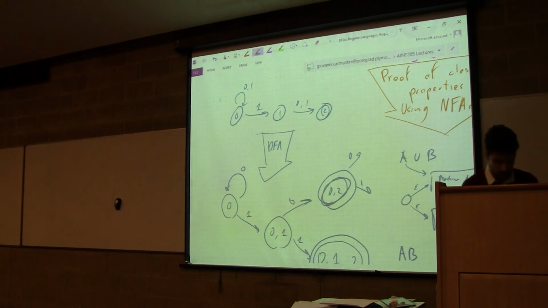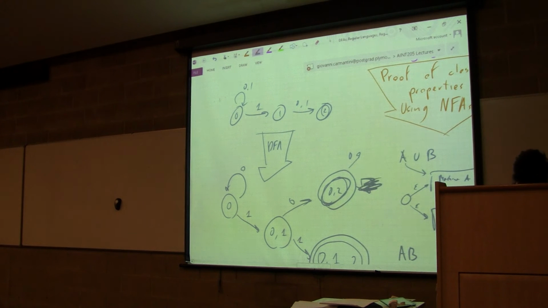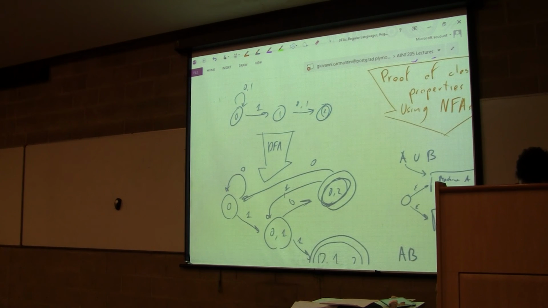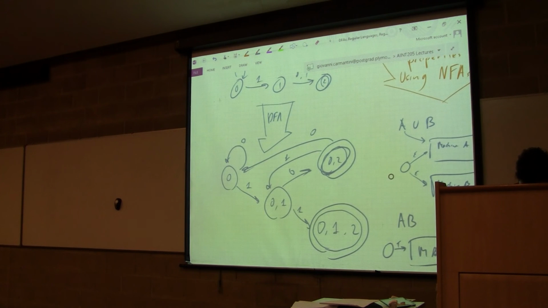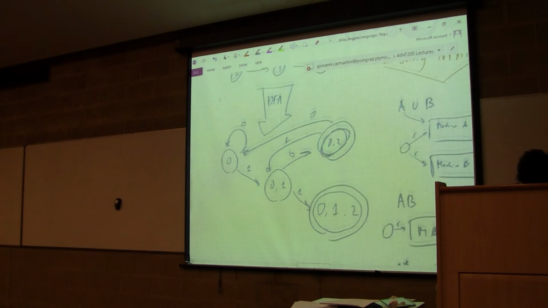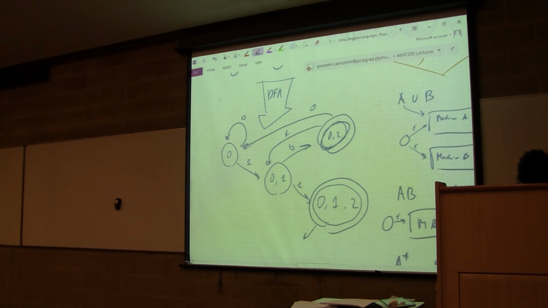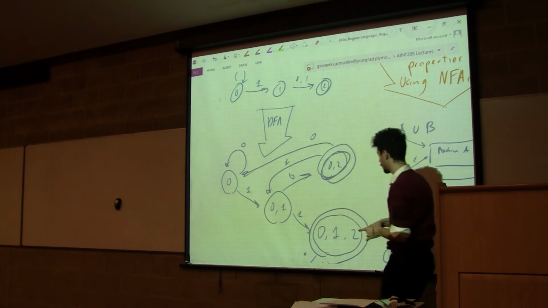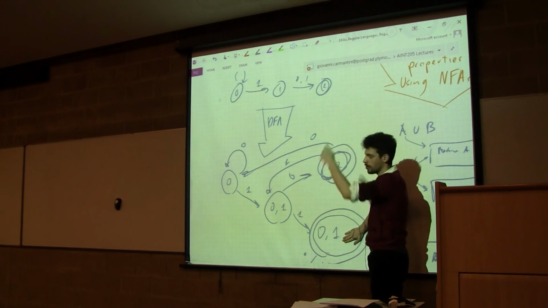Okay? Then 0, 1, 2. So I can apply 0, 1. And 2, of course, goes away because there are no transitions.